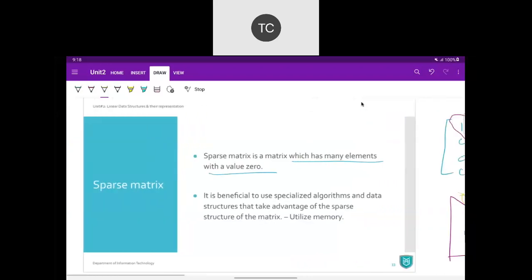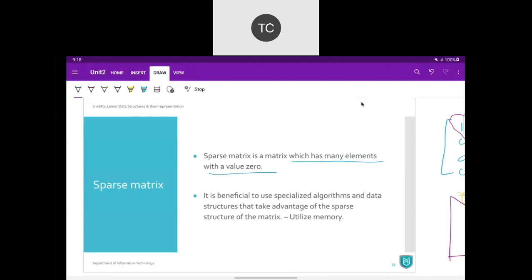And that's why we are going to have a look at this theory topic here, sparse matrix and its representation. So what are the sparse matrices? A matrix where you have very less number of data, or in other words, a matrix where more number of elements are 0.